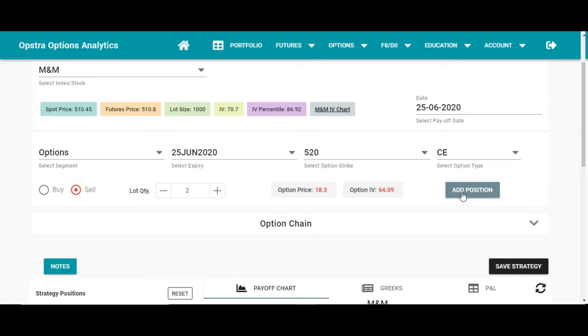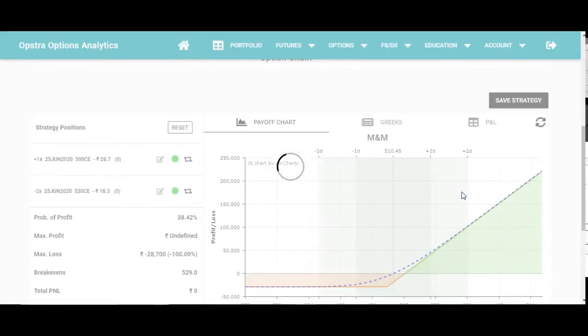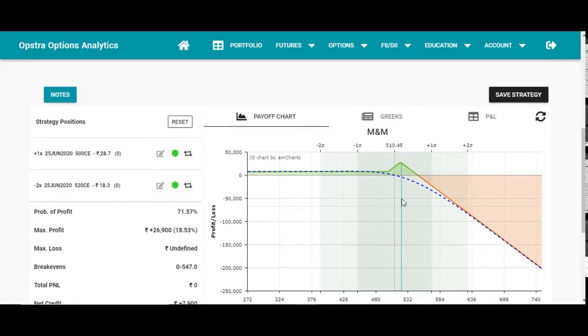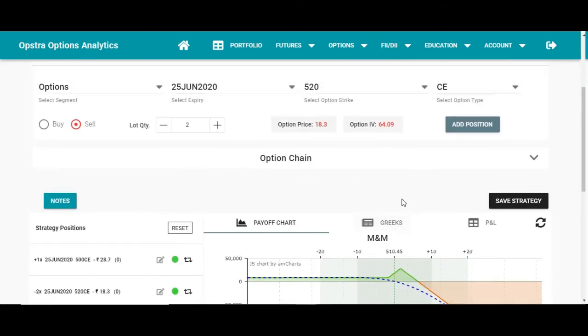If you have a look at this strategy, there is an upside break even at 547, and we will have the maximum profit of 26,000 if the stock closes at the level of 520. But this is an unlimited loss strategy, so we should never trade using this unlimited strategy, and we need to always hedge.